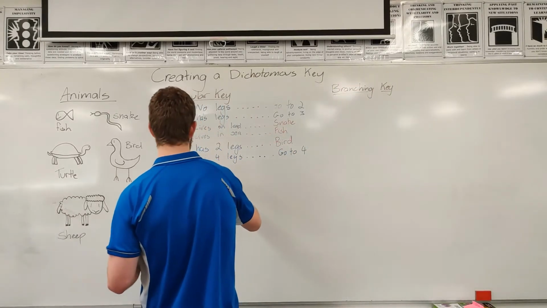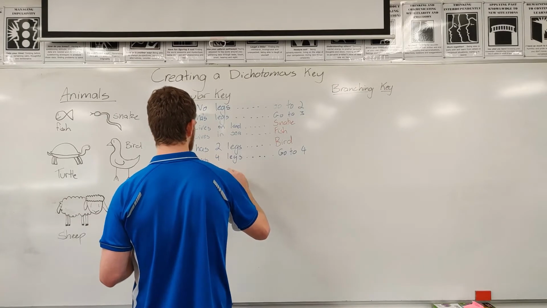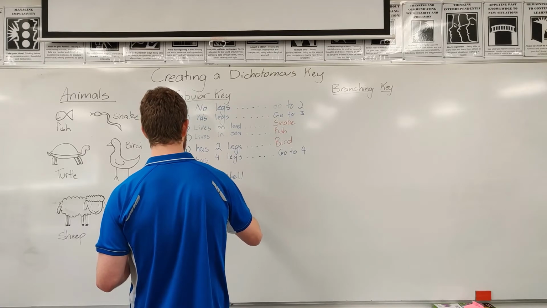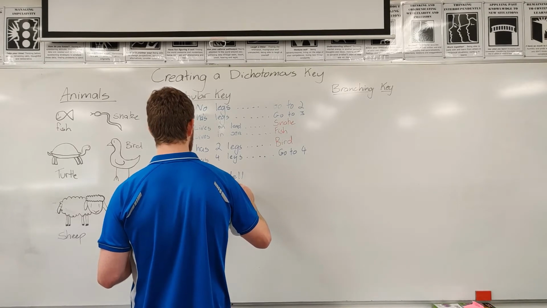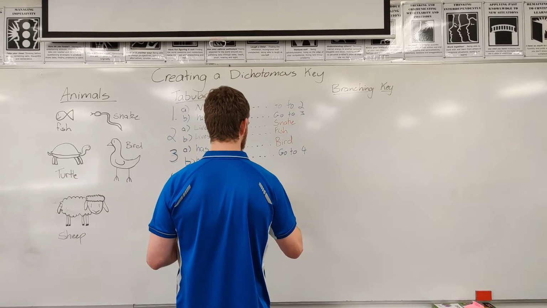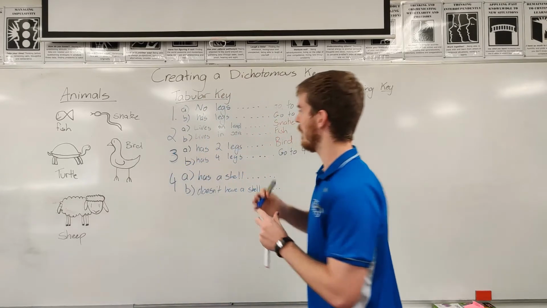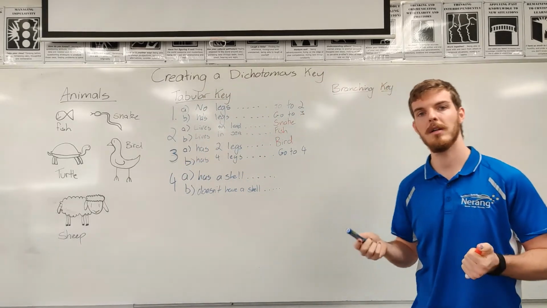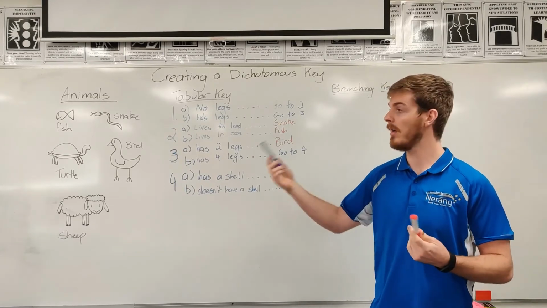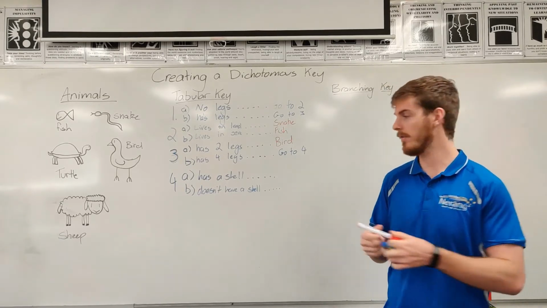So has a shell, doesn't have a shell. So, if your animal here has legs, has 4 of them, and has a shell, it is going to be a turtle.